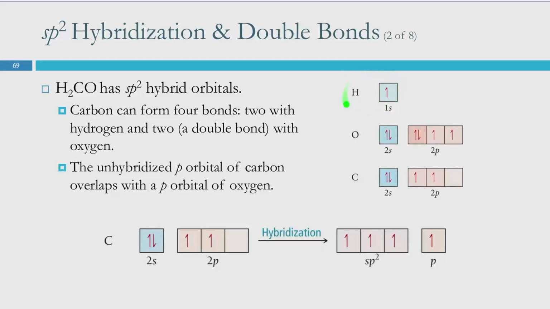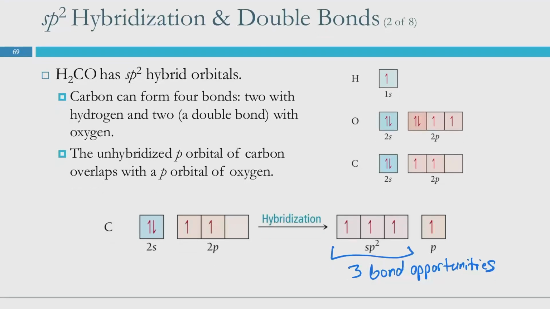Normally, with hydrogen, oxygen, carbon, carbon would have 2 unpaired bonds. It goes through hybridization, so we're taking this and putting it through our hybridization machine. We've got 3 bonding opportunities because we've got these half-filled orbitals.